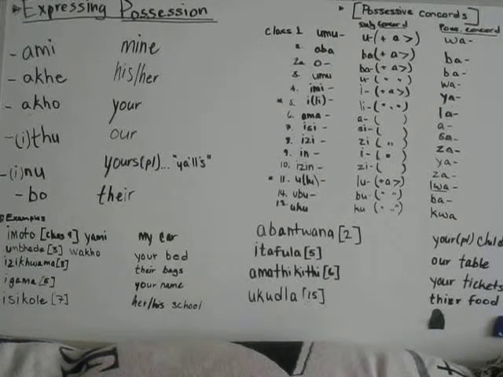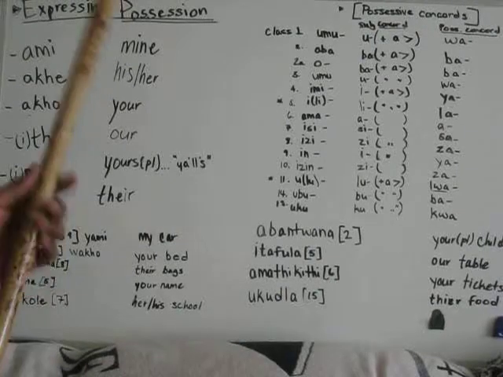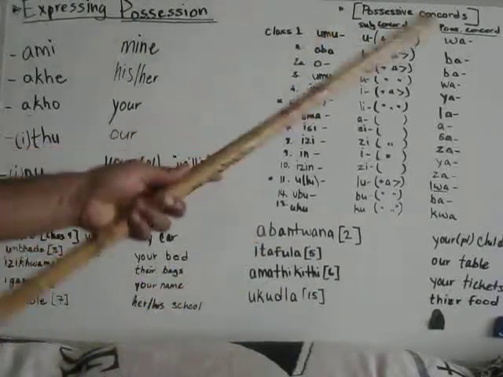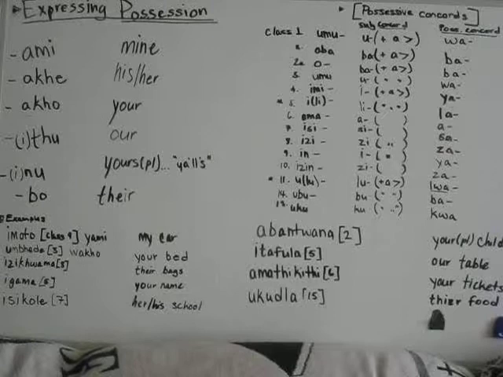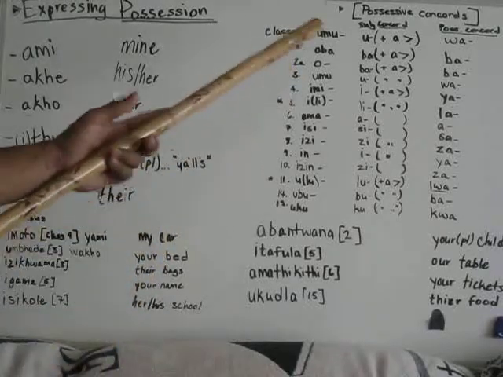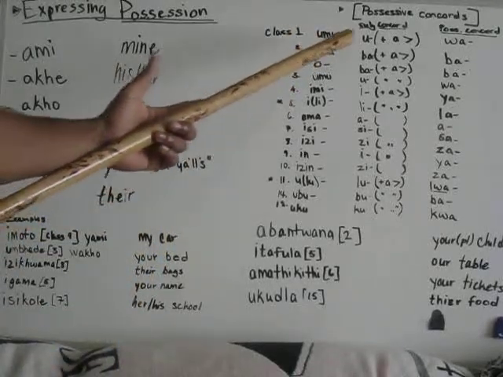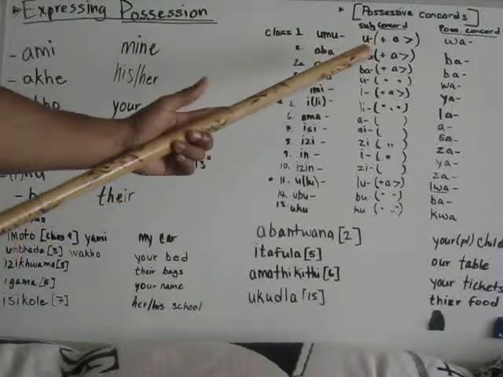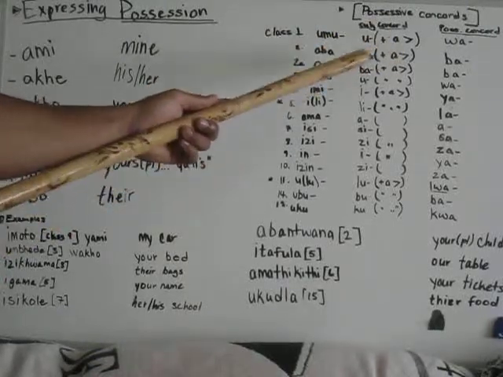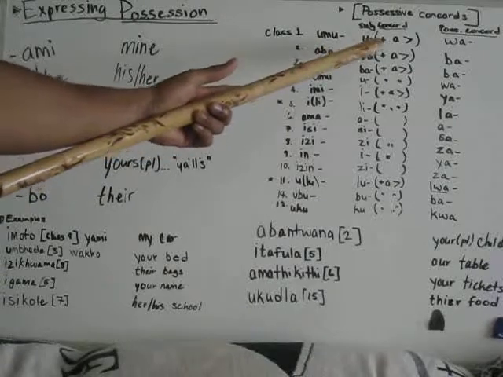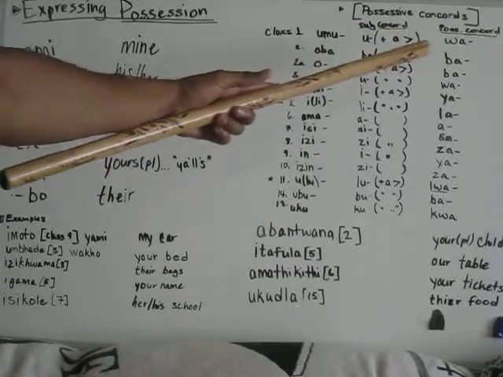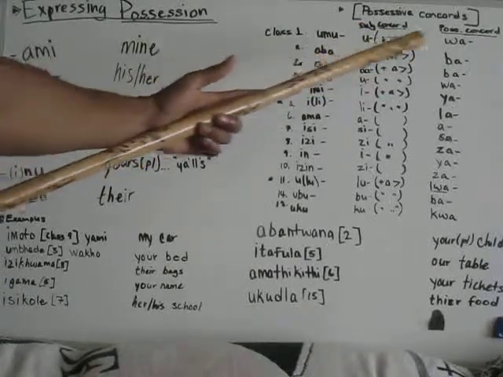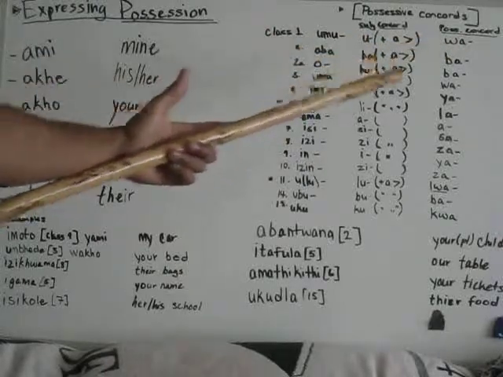So to go through the classes here, we have class 1, the umu class. Based on the noun class, there will be a subject concord. For umu, that subject concord is u, and you take that subject concord, add a, and you get wa. So u plus a becomes wa.